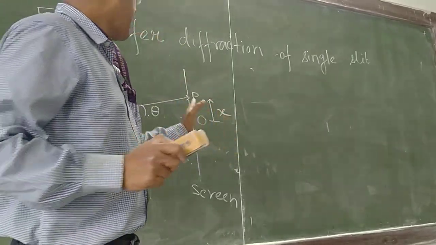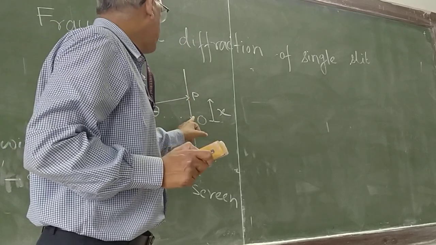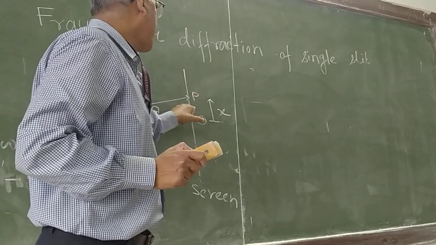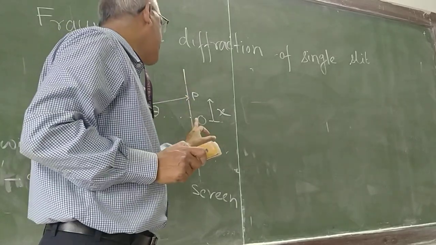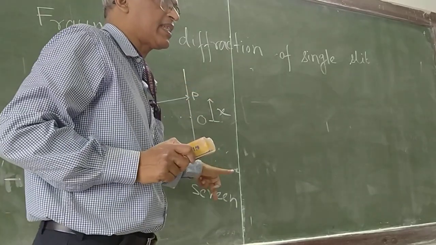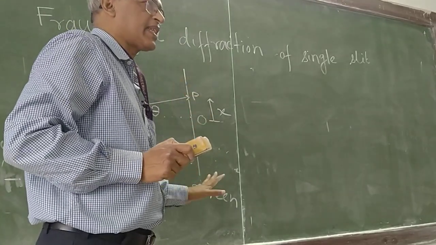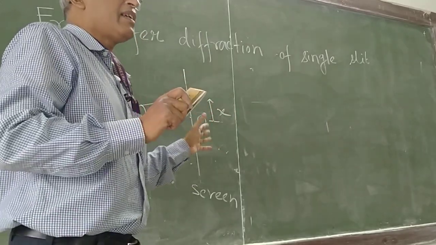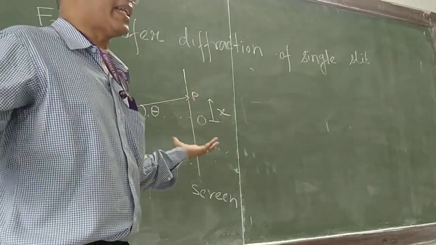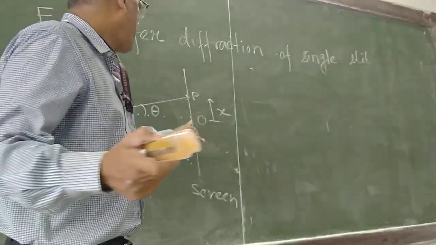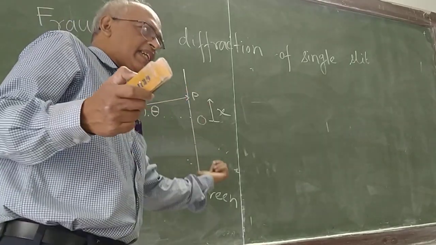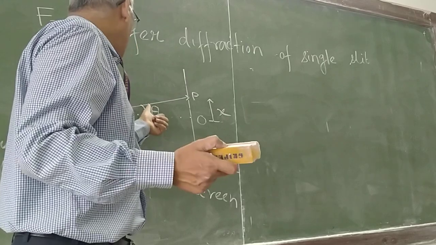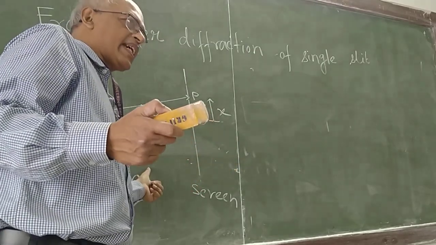We are moving along this axis and we see where maxima take place and where minima take place. We will discuss plus x, then put a minus sign, that will be minus x. So this ray bends to the positive side with positive theta, and this one will be negative.